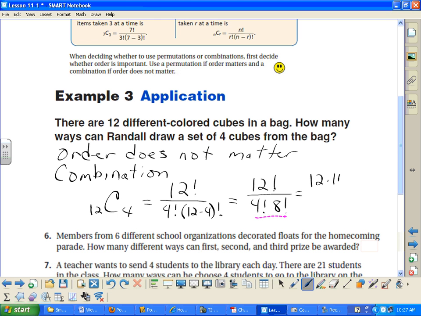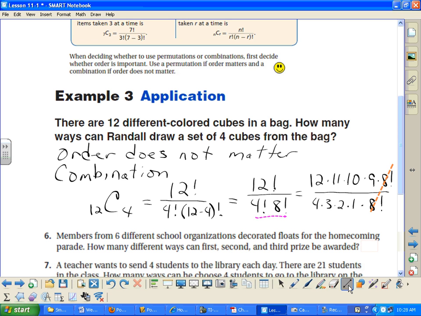I can go 12, 11, 10, 9, and then 8 factorial. I don't have to go 12 to 1. And then in the denominator, I can do 4, 3, 2, 1 times 8 factorial. That makes it easier. Cross these out.